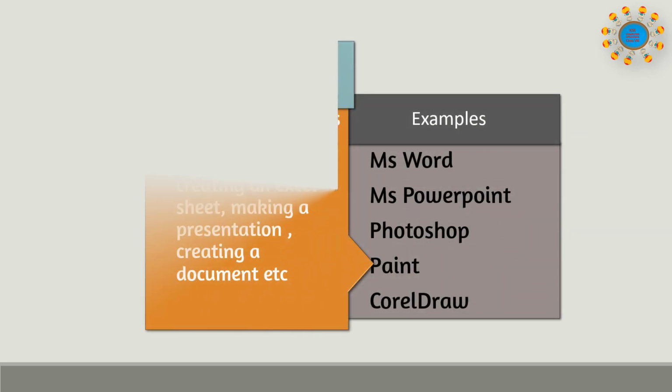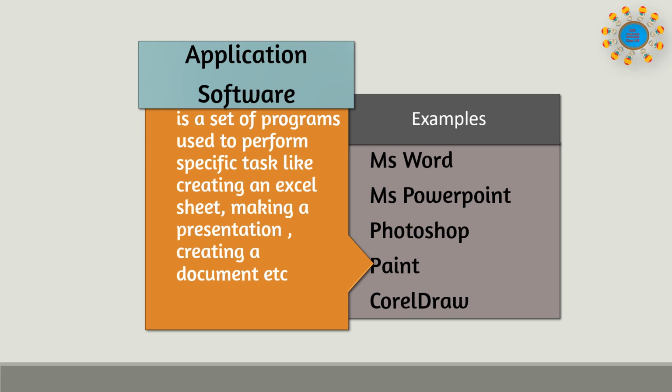Now coming to application software, it is the set of programs that is used to perform the specific task like creating an Excel sheet, making a presentation, typing in Word, creating photos. Photoshop is there, paintbrush, many softwares are there.